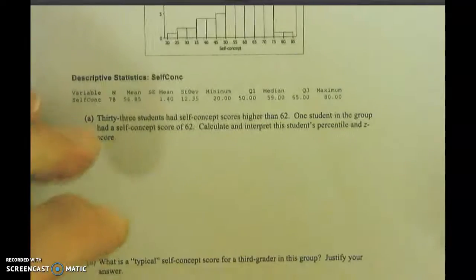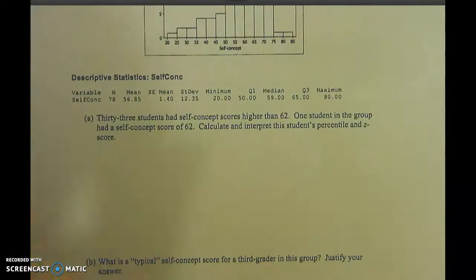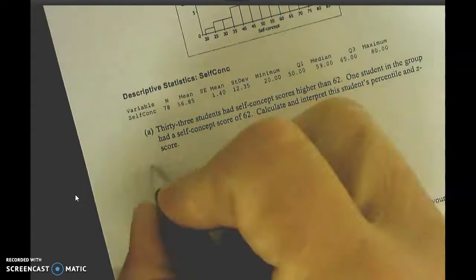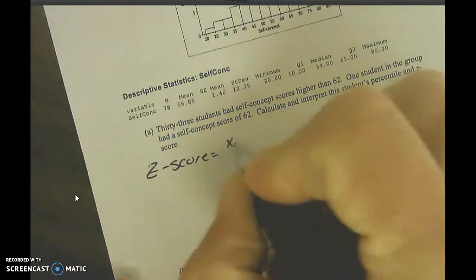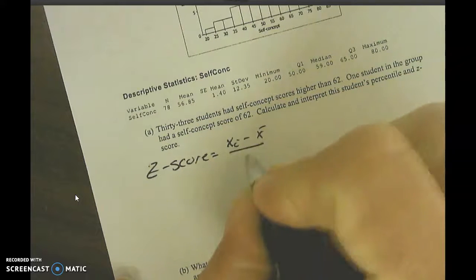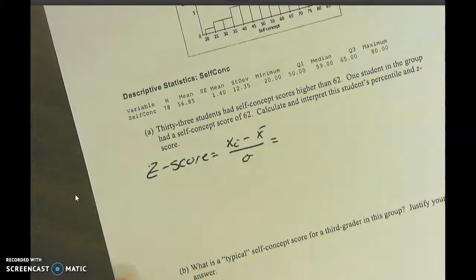So looking real quick, question A says 33 had self-concept scores higher than 62. One student in this group had a self-concept score of 62. Calculate and interpret the student's percentile and z-score. Okay, so real quick on the z-score. Z-score, like we talked about, is xi minus x bar over the standard deviation, correct?